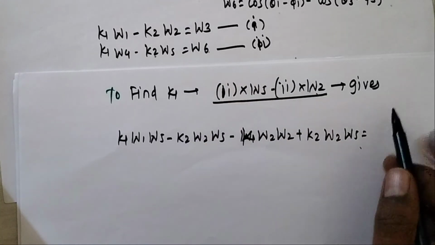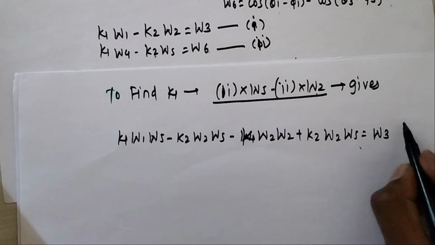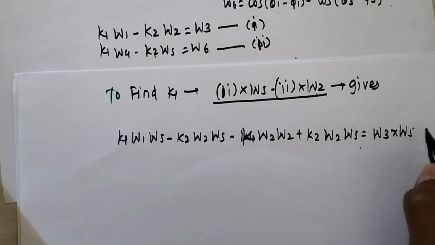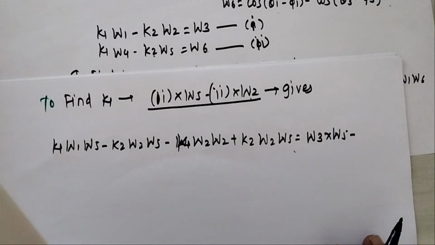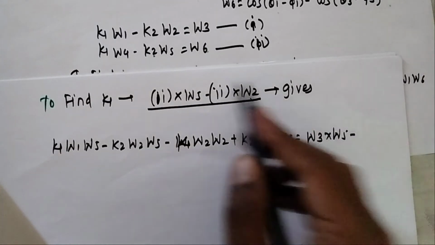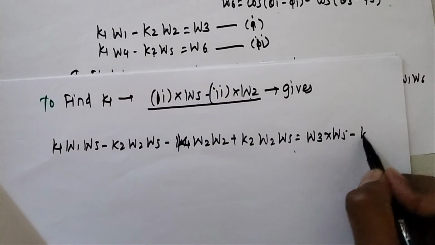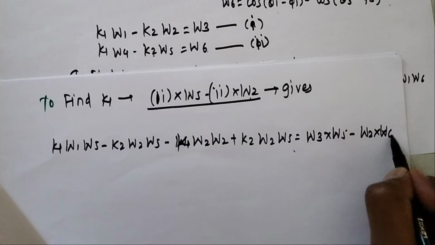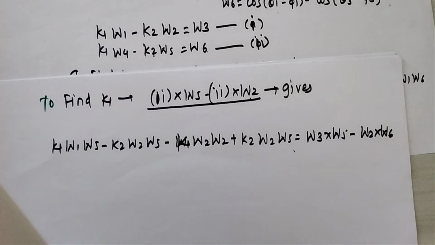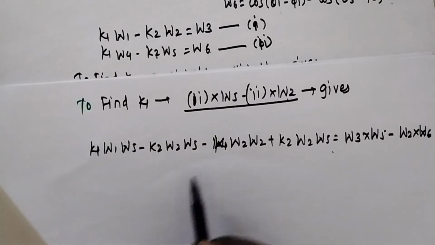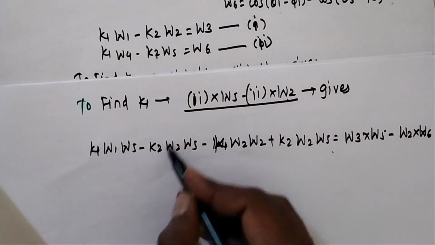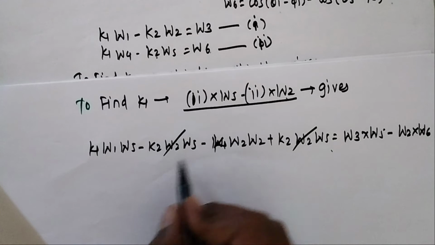So it is W3 into W5 minus W2 into W6 multiplied by W2. Okay, so what gets cancelled here? It is K2, this is plus, this will be minus, and hence we get the K1 value.